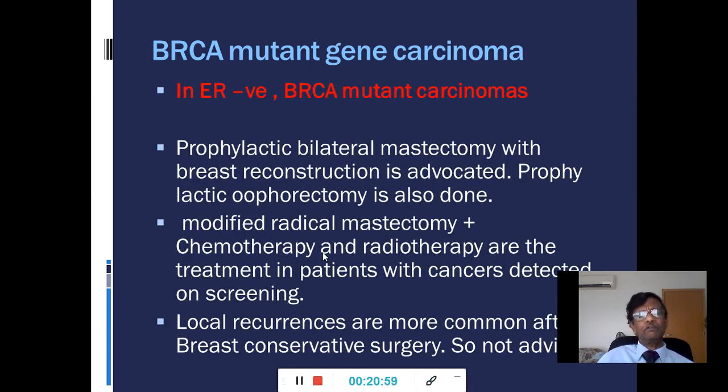In a patient with ER negative status, prophylactic bilateral oophorectomy with bilateral mastectomy and breast reconstruction is advocated.